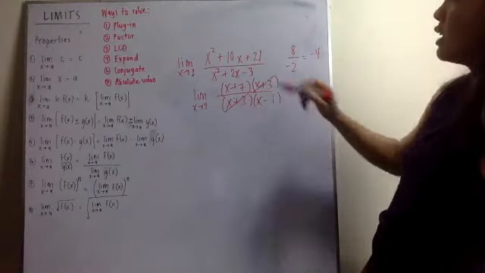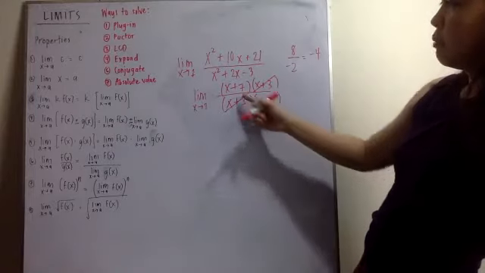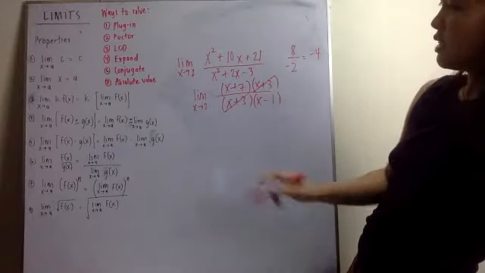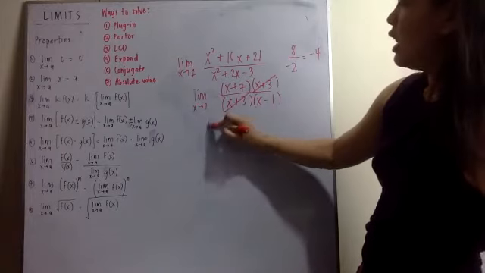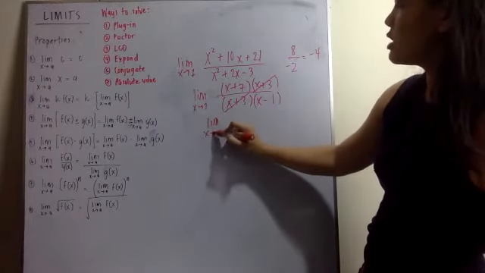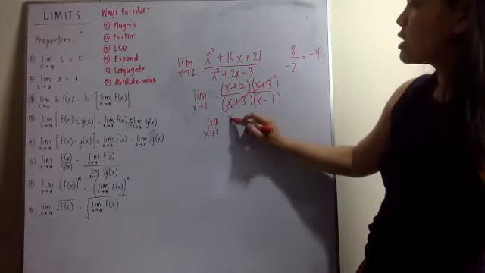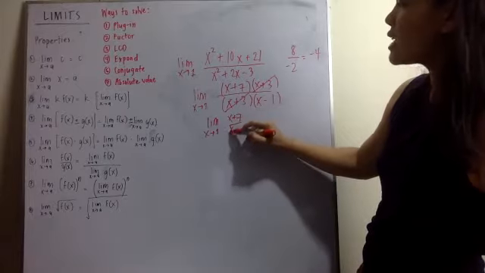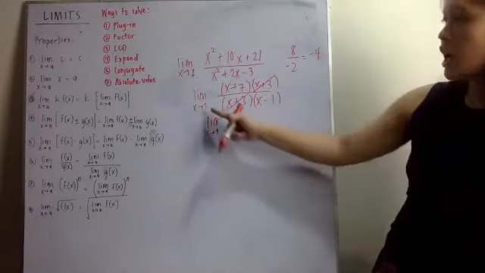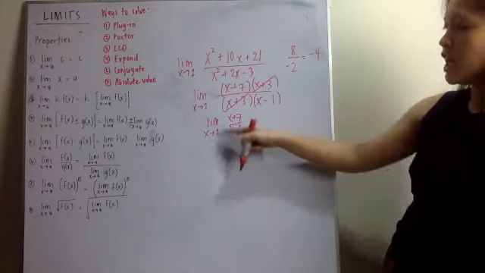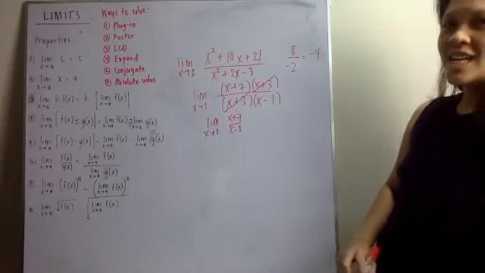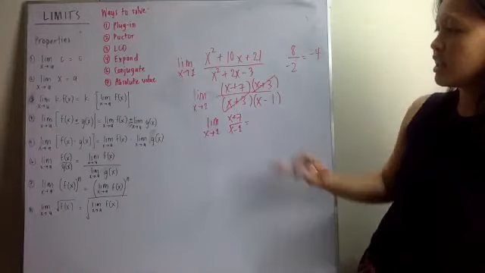Cancel, cancel. Correct? May iwan ka with this. Limit as x approaches 1, x plus 7 over x minus 1. Ano mangyayari dito? 0 pa rin siya, correct?